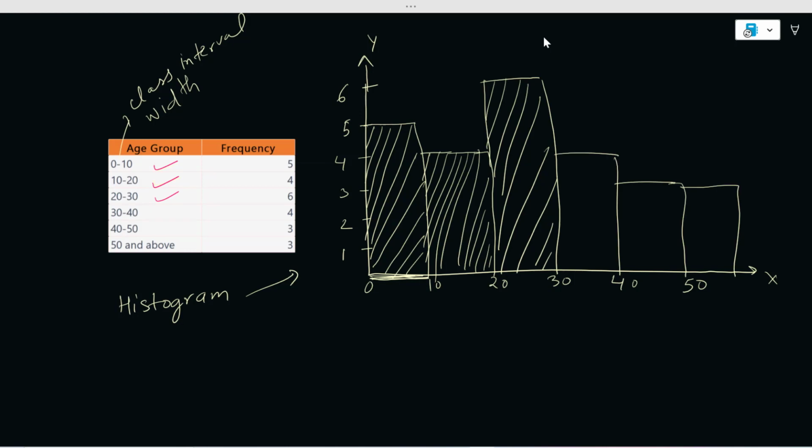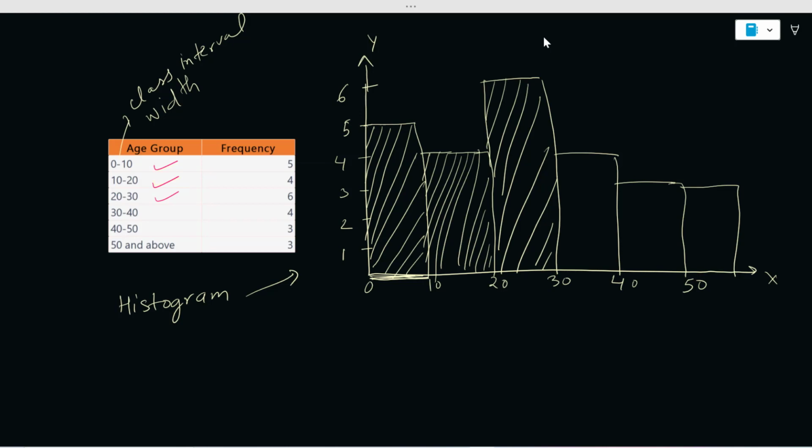Definitely, when we have a look at it, we can interpret many things, for example, which group is the highest customer base. Then we can also interpret how many customers we have below the age of, let's say, 40. And this can also be derived with the help of something called cumulative frequency.